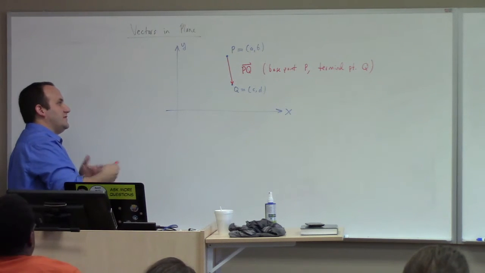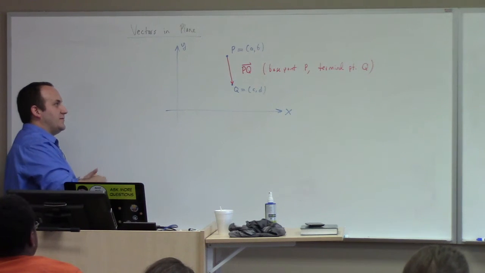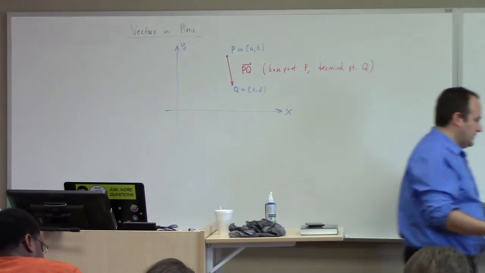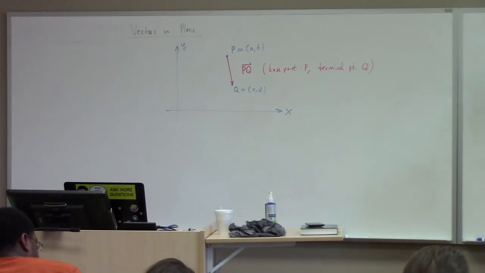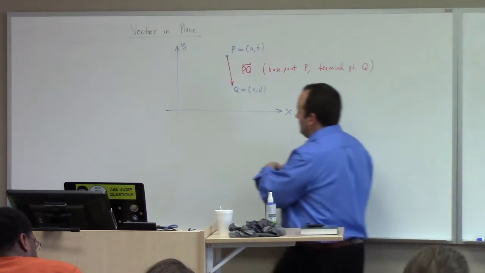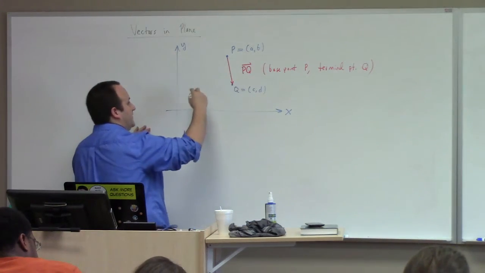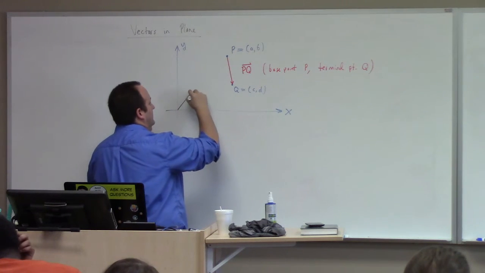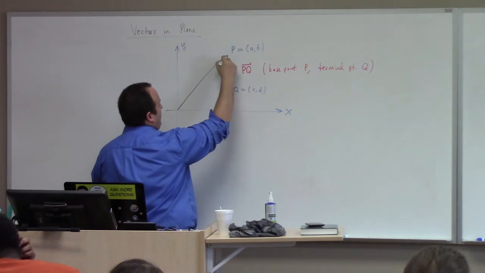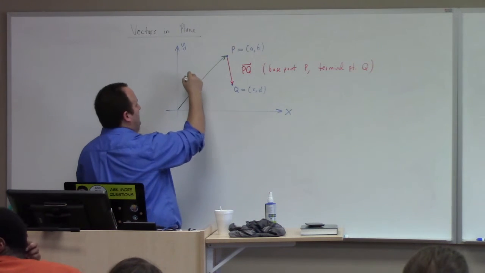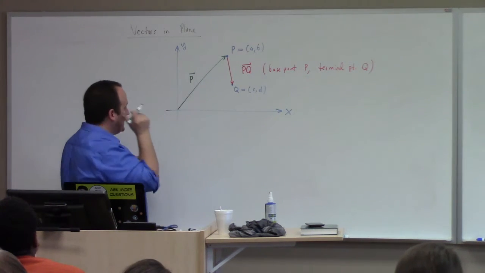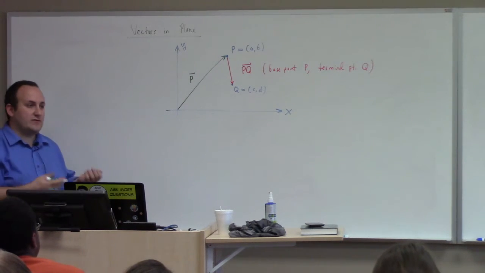Of course, this is an interesting idea, this directed line segment from one point to another. But the other thing you can do is talk about vectors from the origin. Another thing I can do is associate with P, to every point in the plane, a vector like that, and I could call this vector P. I put a vector over it just to emphasize I'm thinking of a directed line segment.